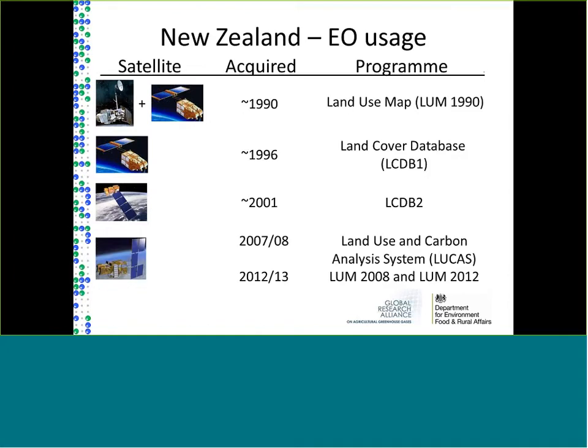So for subsequent land use maps under the Land Use and Carbon Analysis System of New Zealand, LUCAS, the land use maps of 2008 and then 2012 both used data reverting back to Spot, but in this instance they went to the Spot 5 satellite that was now available, where the spatial resolution was higher, 10 meters in the multispectral, and an additional shortwave infrared band to help with classification was also available at 20 meters.